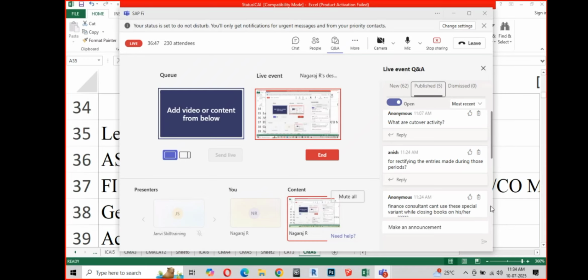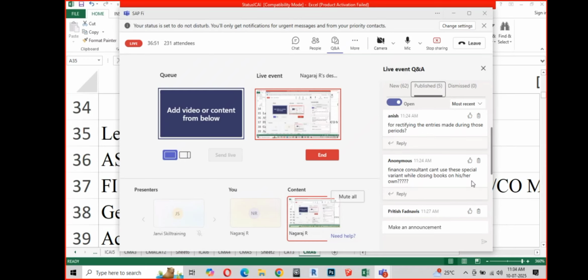Finance can't use the special variant. See, basically, the finance consultant can obviously use it because he knows the usage. He can obviously use it while closing the books of accounts. But my question is, once SAP gets implemented on the 30th of September, will the same team be available to close the books of accounts as of 31st of March 2026?